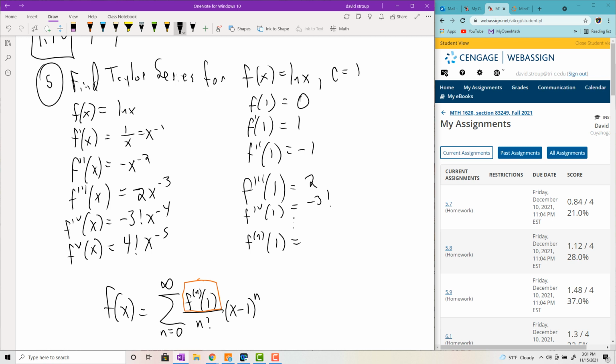And it looks like this is negative 1 to some power times n minus 1 factorial. Okay, so the even ones are negative, so it's going to have to be an n plus 1 right here to make the evens negative, and the odds will be positive.